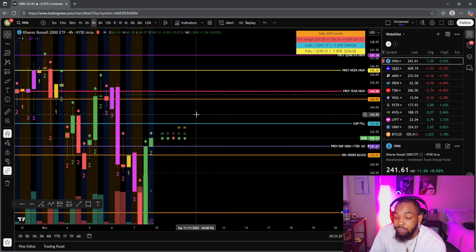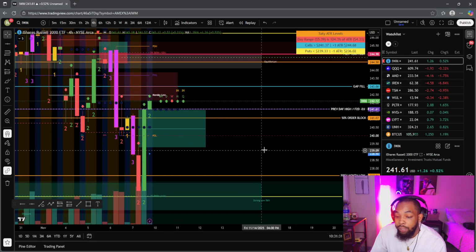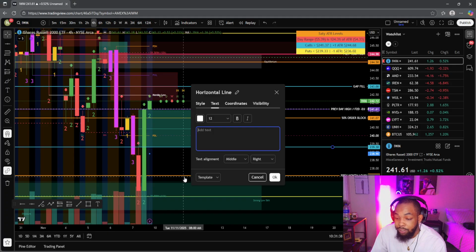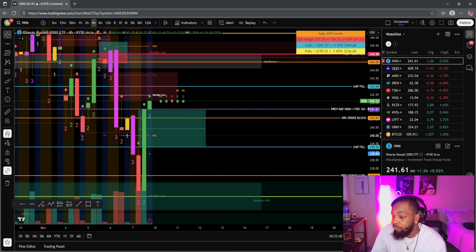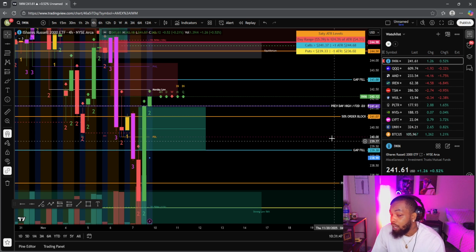Drop down to a 4-hour time frame. Same thing here. And I know I have a gap here at 239. This can be in play as well. So I want to mark this out because this can be a target to the downside if price decides to break to the downside. And if price decides to break below 241, I would want to take that target, because this is a level of resistance.